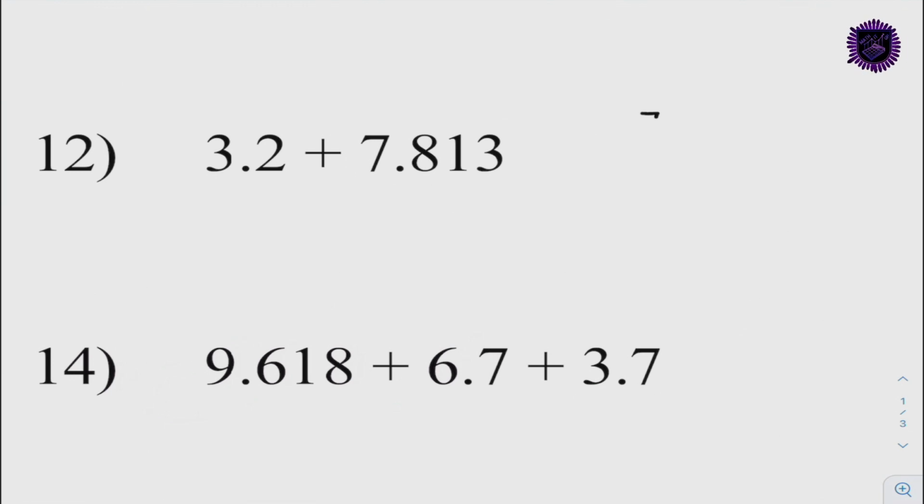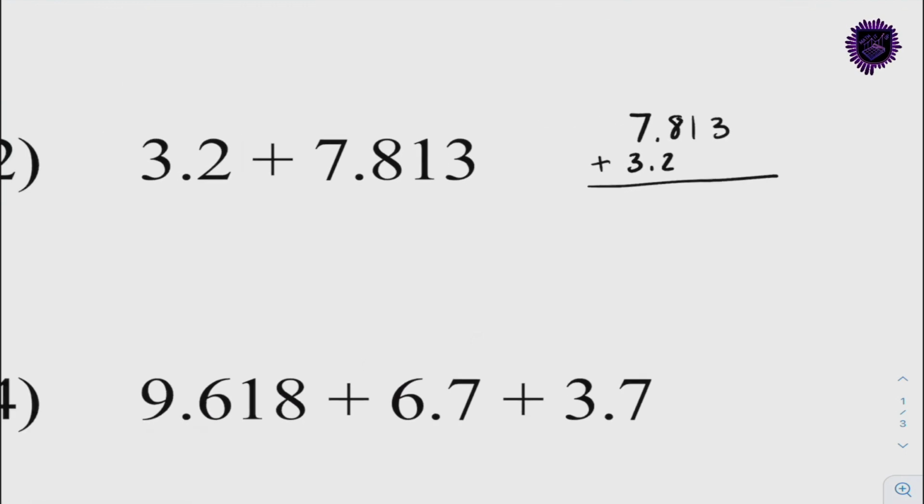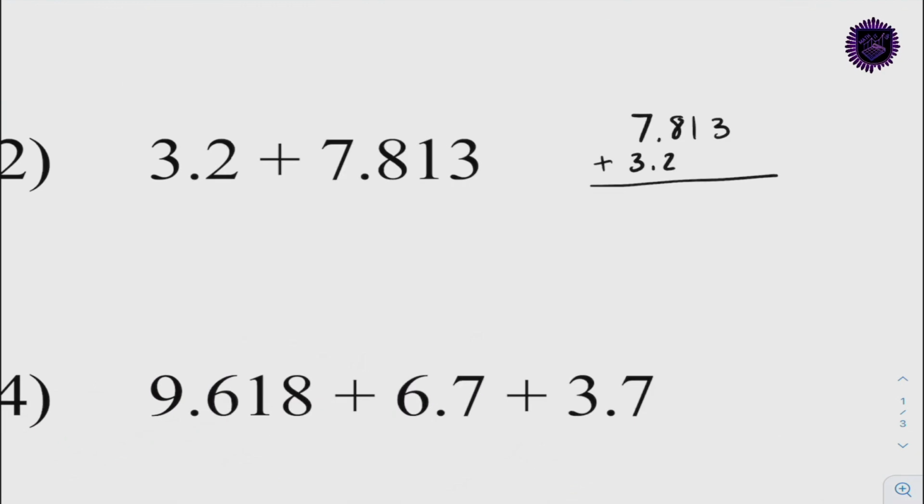So I'm going to go 7.813, and underneath I'm going to write 3.2. So important: check the numbers. 3.2, 3.2, 7.813, 7.813.